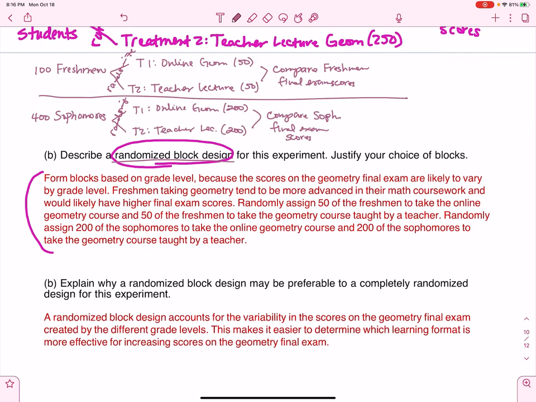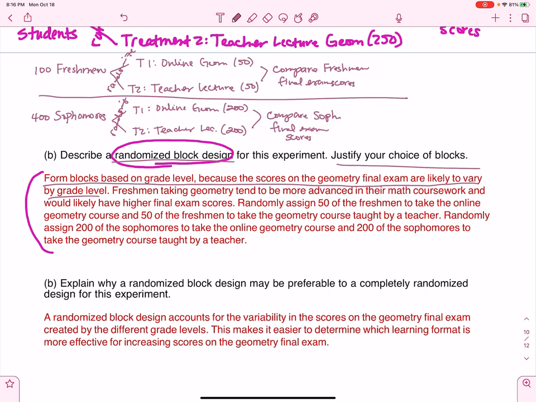Notice right here, justifying your choice of blocks, you form blocks based on grade level because the scores are likely to vary by grade level. So blocking can always be done if you've got a justification for it. I'm not just going to block because I feel like it or because there are 2 groups.